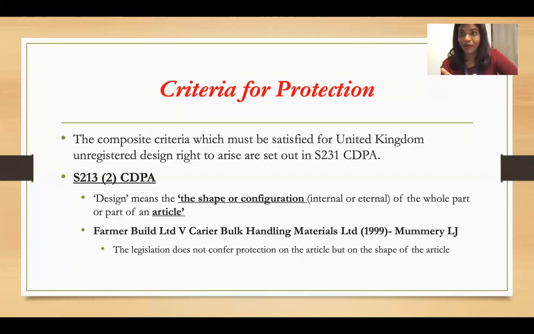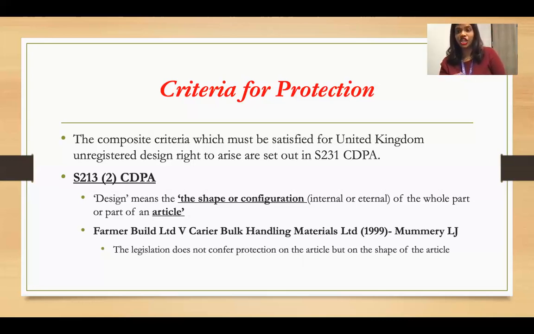So we have the case of Farmer Bill. We don't have proper legislation to explain to us what an article is, but the case law of Farmer Bill has explained to us that an article is basically the shape of the article.